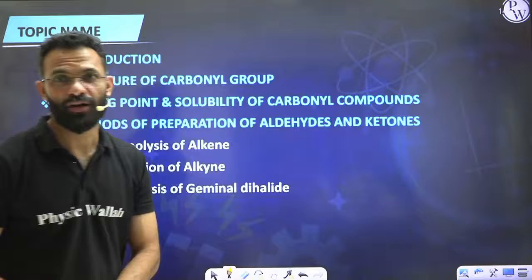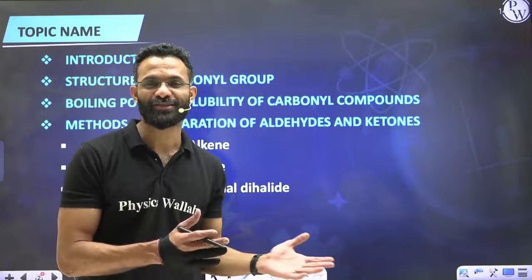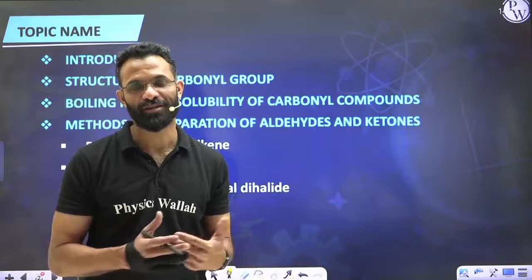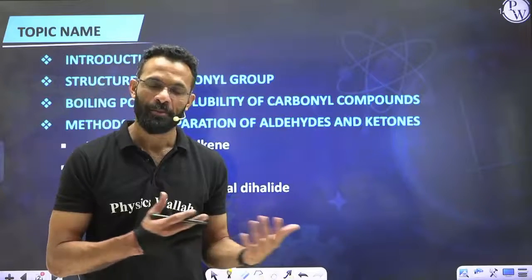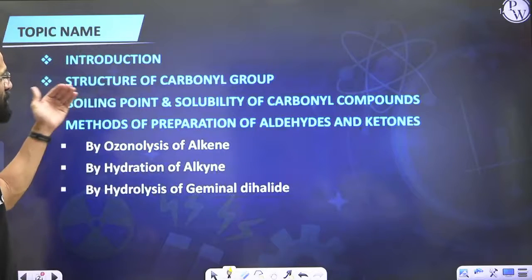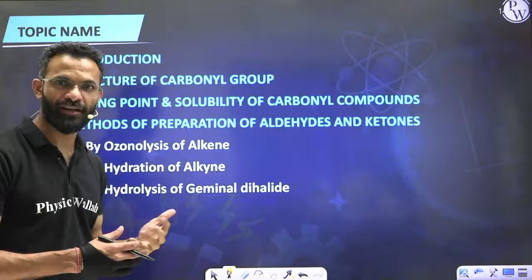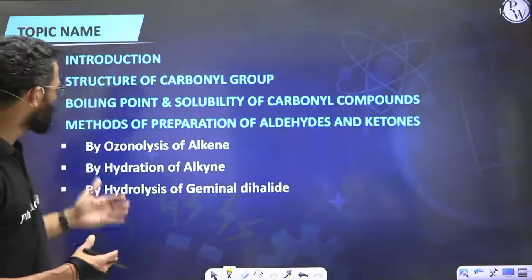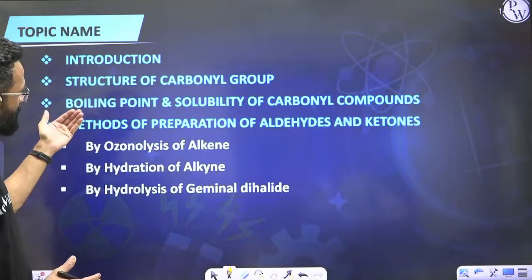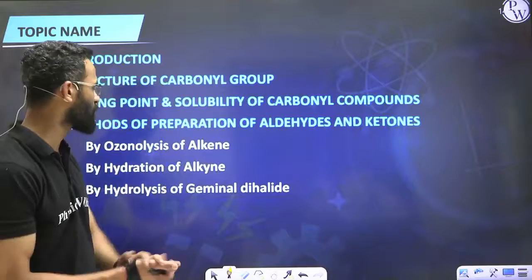Of course, since you all have studied chemical bonding earlier, I'm sure just by looking at the structure, you will be in a position to tell all the important features of the structure, but we'll be revising that once again over here. Based on its structure, we'll come to know how polarity is present in the carbonyl compounds, and due to polarity, we'll also discuss their physical properties such as boiling point and solubility in water.